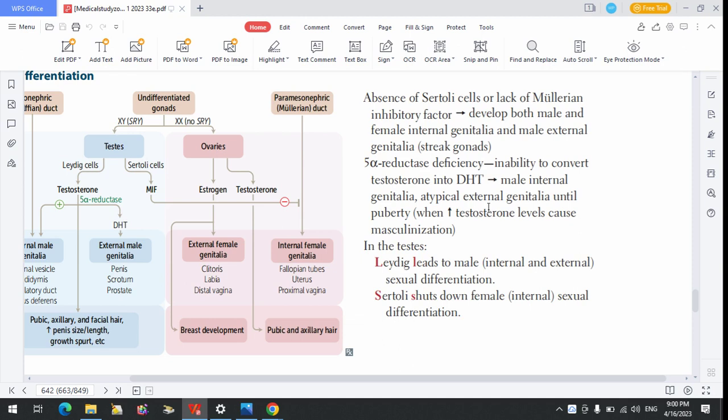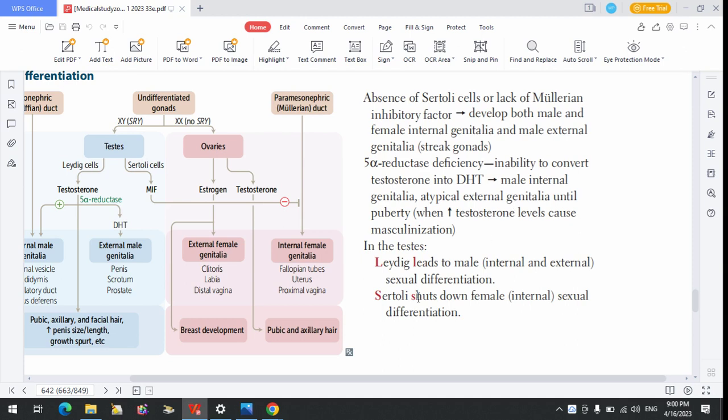Someone with 5 alpha reductase deficiency doesn't have a problem of testosterone formation, so the person will get okay at puberty when testosterone takes over. The person will present with atypical external genitalia before puberty, then at puberty the external genitalia becomes that of the male. So that's the concept of 5 alpha reductase deficiency.